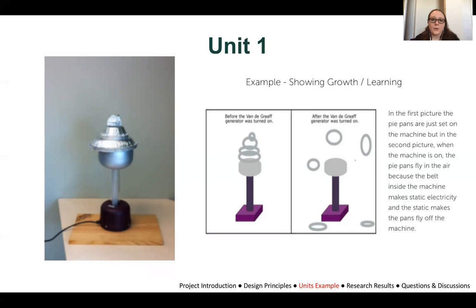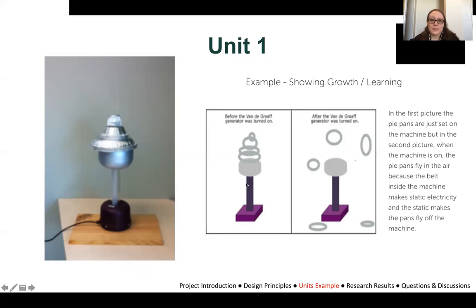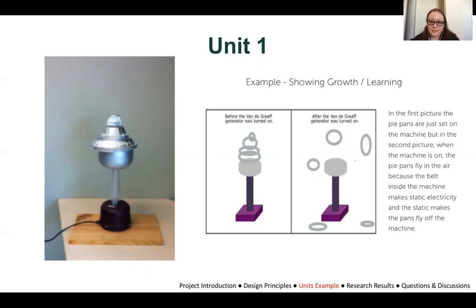Early on, students are asked to develop models of the pie pans on the Van de Graaff generator, and they revisit the same phenomenon over and over again throughout the unit. Each time, they're able to add more and more detail based on what they explored in subsequent lessons or investigations.